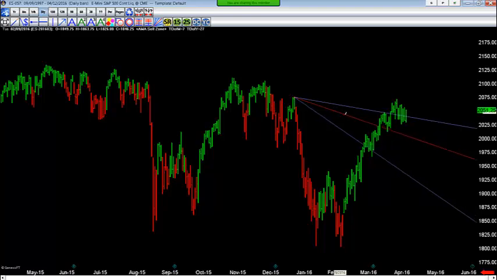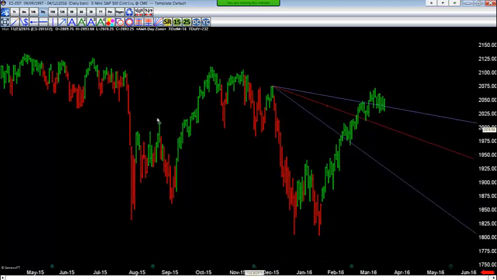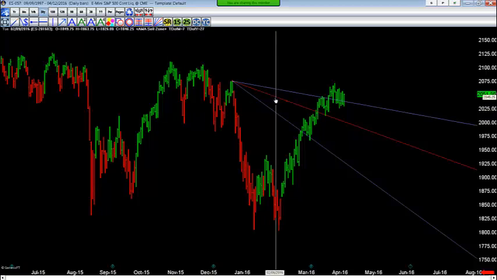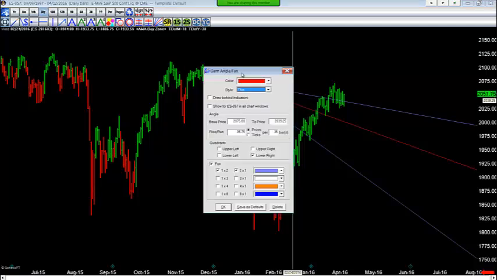Now, I'm going to draw this over here. The red line is my 1-to-1 line. Okay? This is all you have to do. Pay attention to this. All you have to do is get the 1-to-1 line correct, and everything else falls into place. So, I'm going to right click on this.